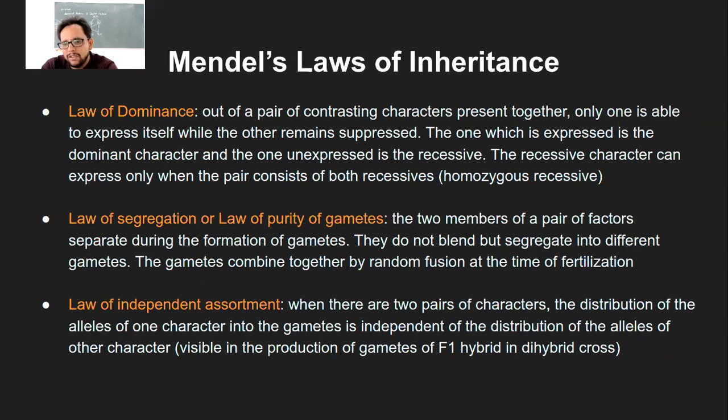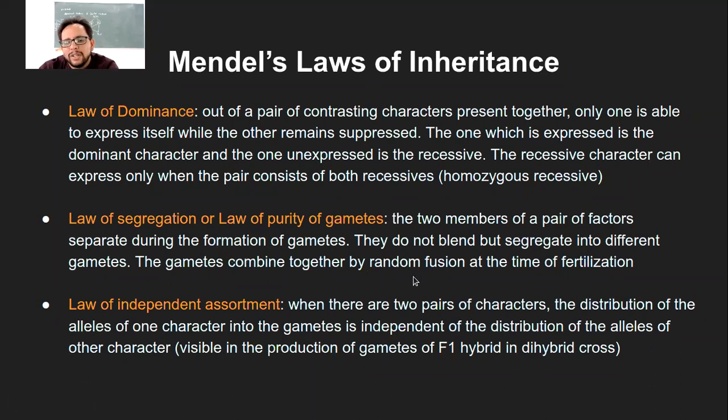Otherwise, that would have been much easier: a sperm with X chromosome fusing with a sperm with Y chromosome, creating a male child. That does not happen. It always fuses with the ovum, with whatever gamete, of course only X, right? So they do not blend together, but they segregate into different gametes.